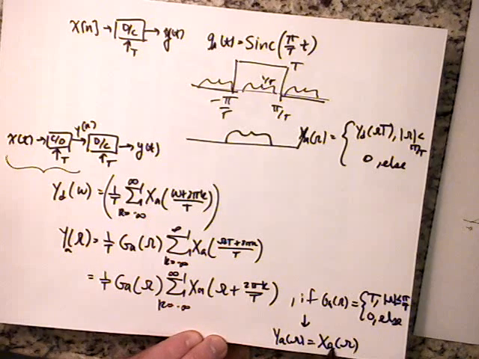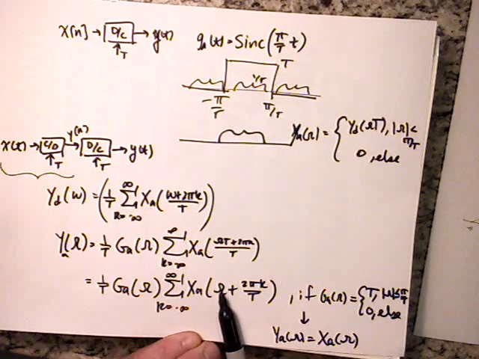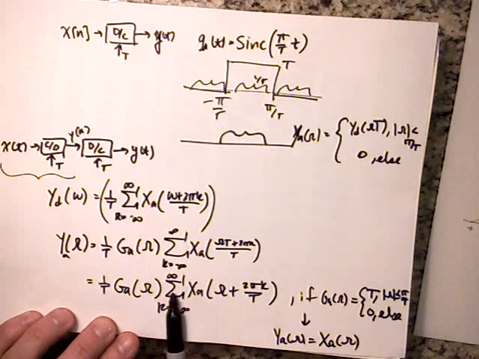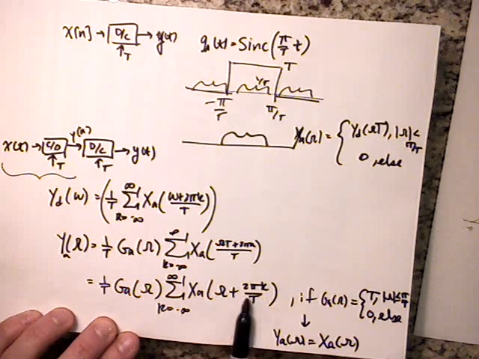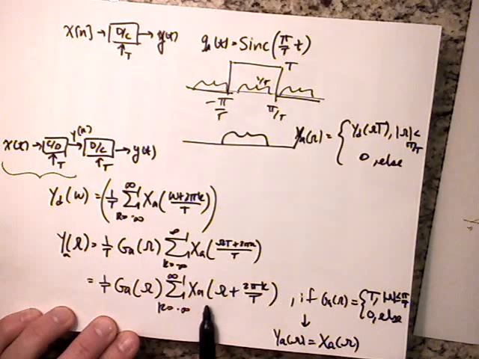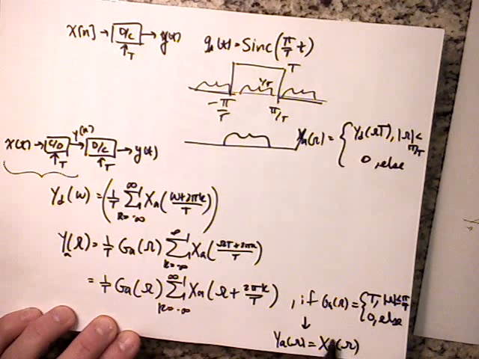So in order to get this, I need the original signal to be band limited to pi over T, so that this spectral replication every 2 pi over capital T doesn't give rise to detrimental aliasing. That's where the band limiting is required.